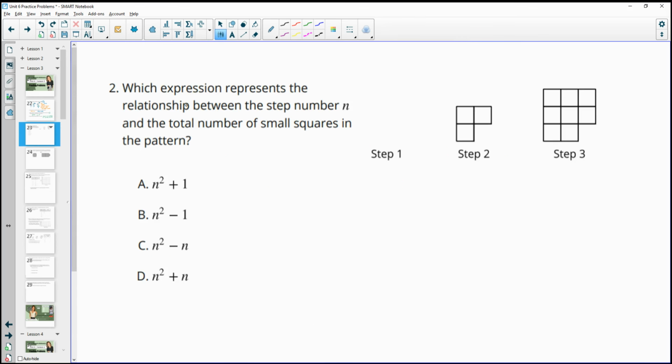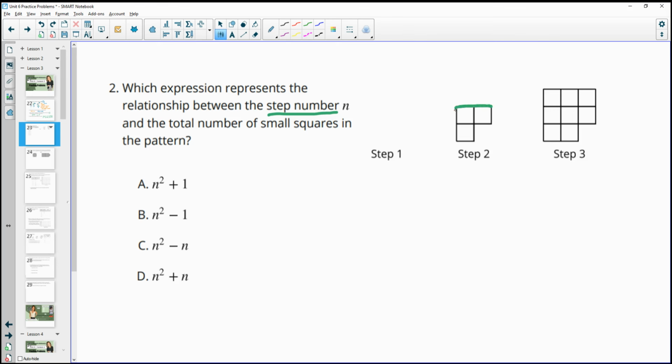Number 2, which expression represents the relationship between the step number and the total number of small squares in the pattern? So if we look at all of these, we see that they all have an n squared. So we want to be trying to figure out where we see that step number squared. And this step 1 doesn't have any squares.